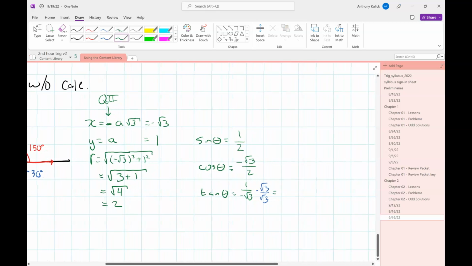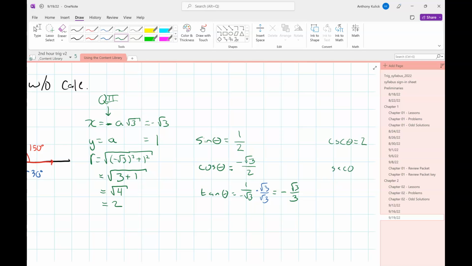Quick question, I got a negative sign in my fraction. Does it matter where I put that negative sign? No. Right? So I'm just going to stick the negative sign out front. Okay? And then my value for cosecant is going to be 2 over 1, or just 2.